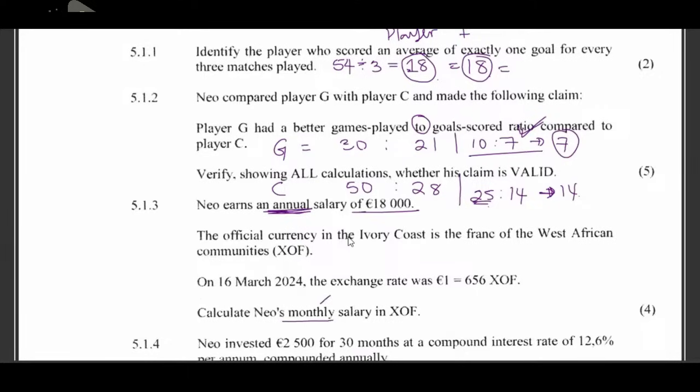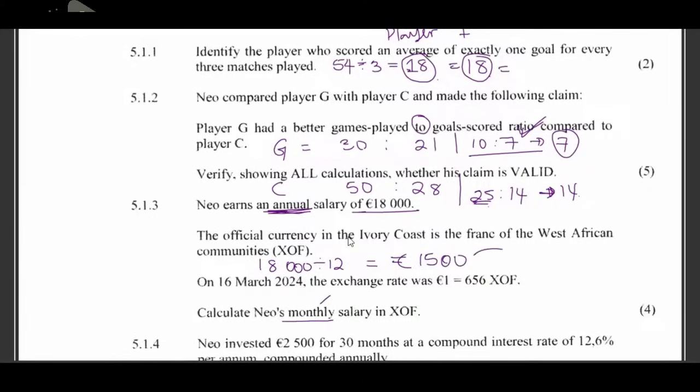What has to come in your head? Ask yourself, how much does he get in 1 month? So we shall do that first. We divide by 12. Don't lose marks that are obvious. So 18,000 divided by 12, you have 1,500.